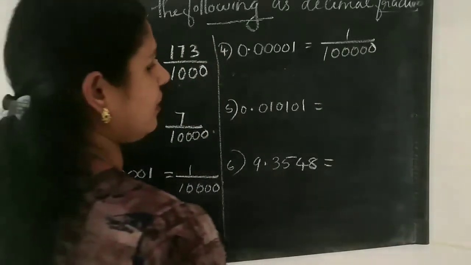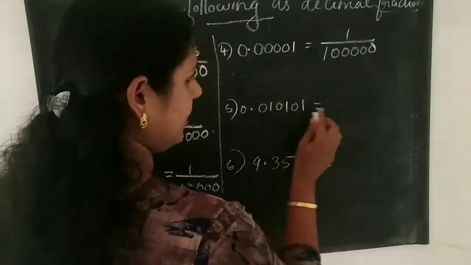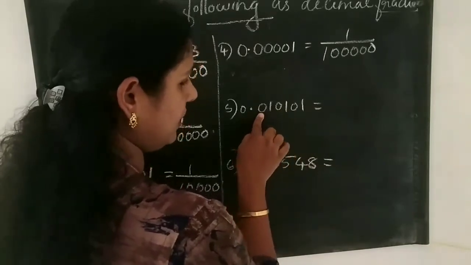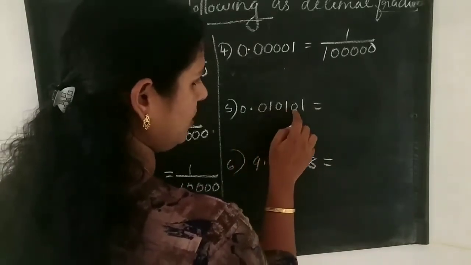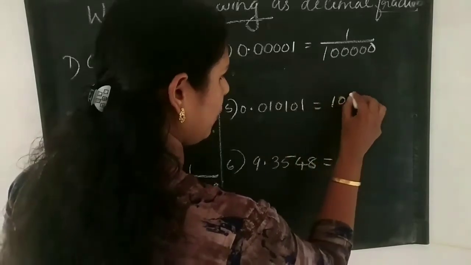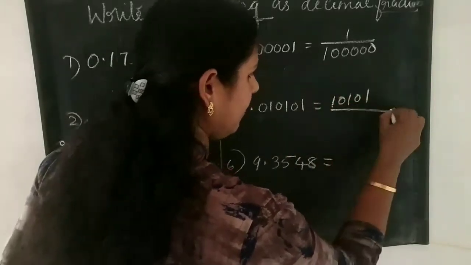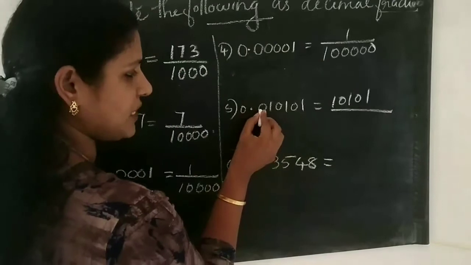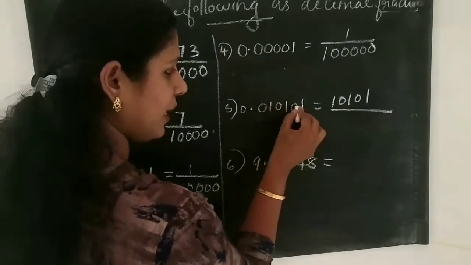And the next is here. The zeros are no need. The number is 10101, that is 1 0 1 0 1. Divide by, then count the place value, that is 1 2 3 4 5 6.